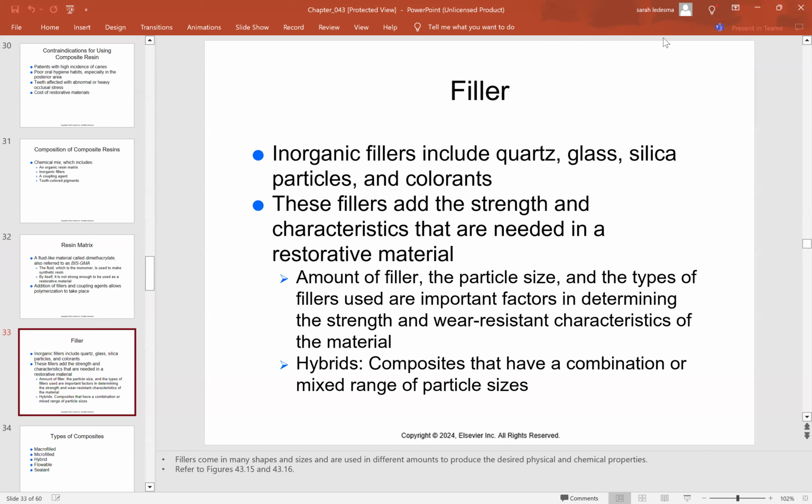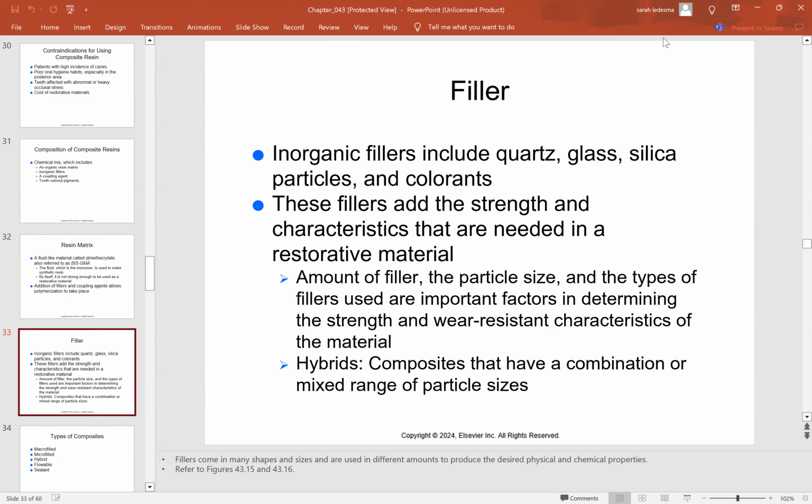The fillers include quartz, glass, silica particles, and colorants. These fillers are going to add the strength and characteristics that are needed in a restorative material. The amount of filler, particle size, and types of fillers used are important factors in determining the strength and wear resistant characteristics of the material. We also have hybrids.